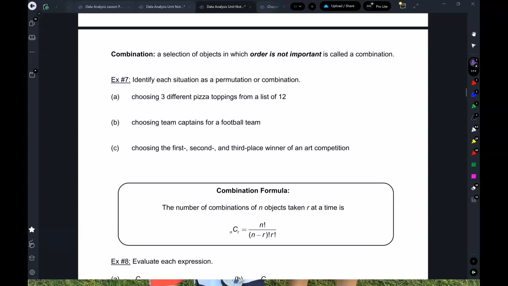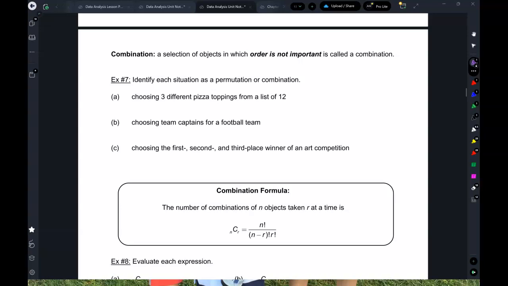So let's see if each of these is a permutation or a combination. Choosing 3 different pizza toppings from a list of 12. Here's how I want you to think about this. You chose the 3 toppings. Once your pizza is made and you want to take a picture of it, does it create different pictures if you chose the toppings in different order?